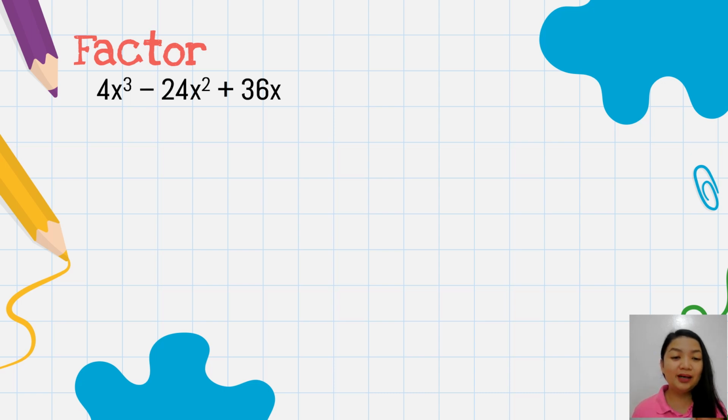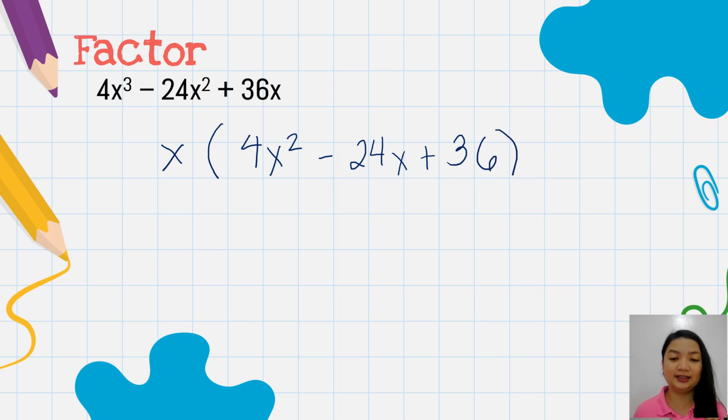Yes, we must factor out x first before we proceed to factoring the remaining terms. So if we move out x, we will be left with 4x squared minus 24x plus 36.